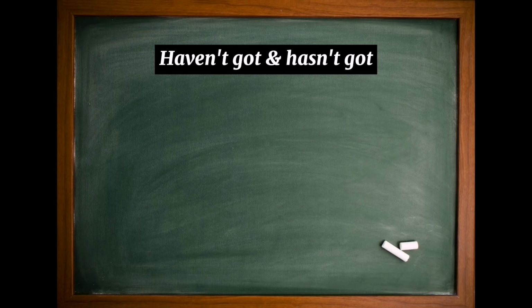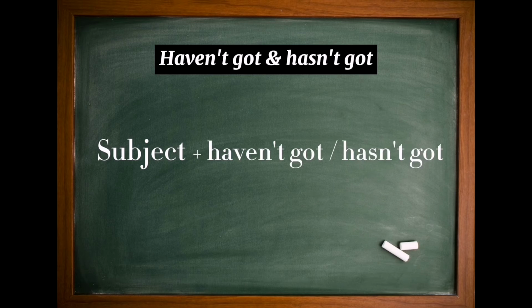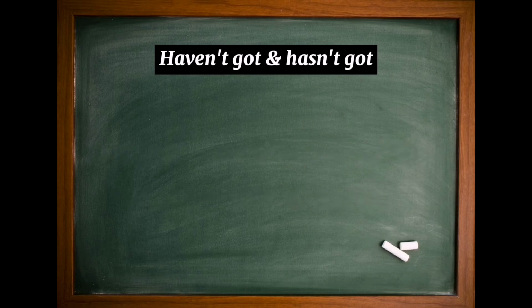Firstly, you have to begin your sentence with a subject and the phrase haven't got or hasn't got, followed by an adjective or quantity, then the noun. The most important here is the subject. It means that we need to look at the subject first.